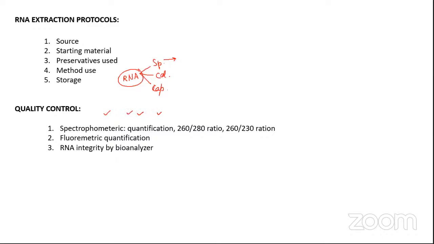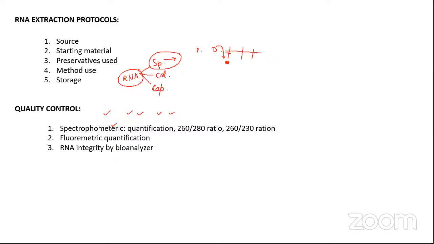We are measuring the 260 by 230 ratio. We are measuring the other contaminants in our RNA. So we are measuring whether protein contamination is high or not. We are measuring whether DNA is there or not. We can run the gel also and see if any contamination is coming from DNA or not. So say suppose this is my RNA, DNA will always be here when we run on the gel.